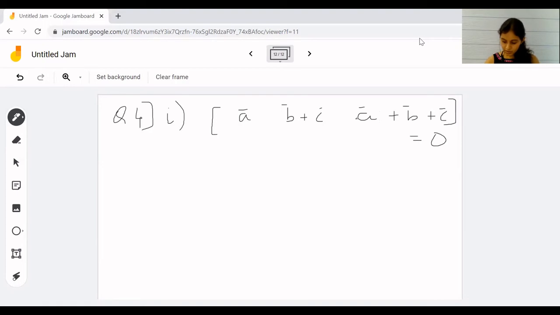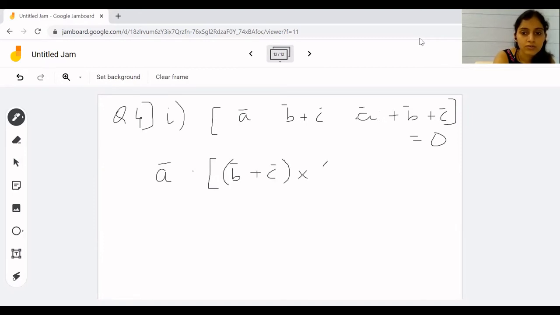We have to prove this. So let us begin. Basically this is a scalar triple product. So the scalar triple product will be a bar dot b bar plus c bar cross product of a bar plus b bar plus c bar.